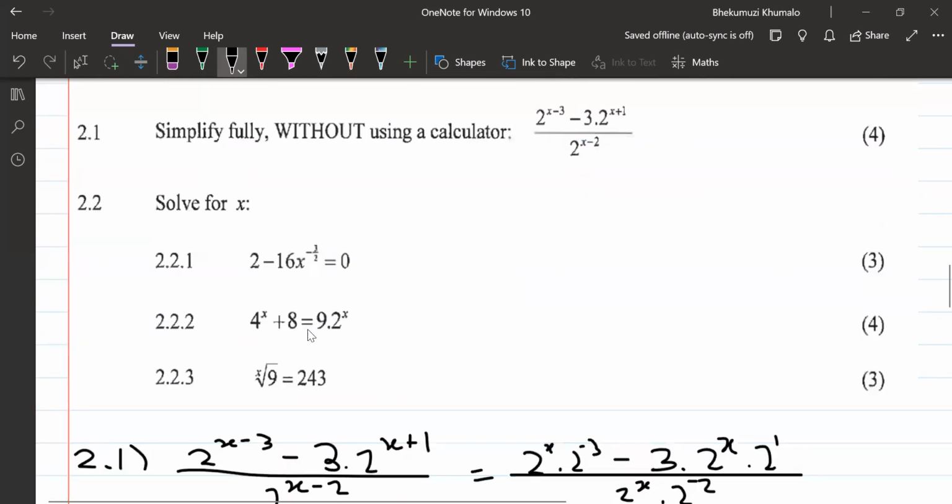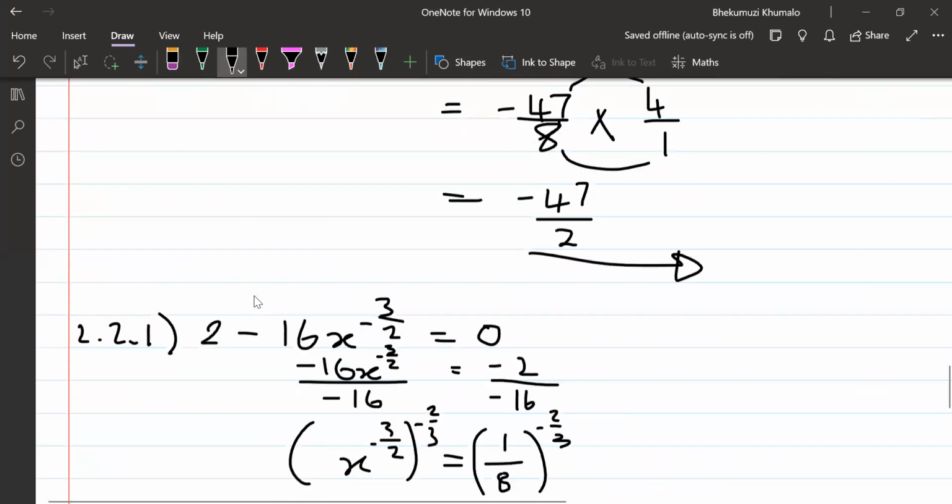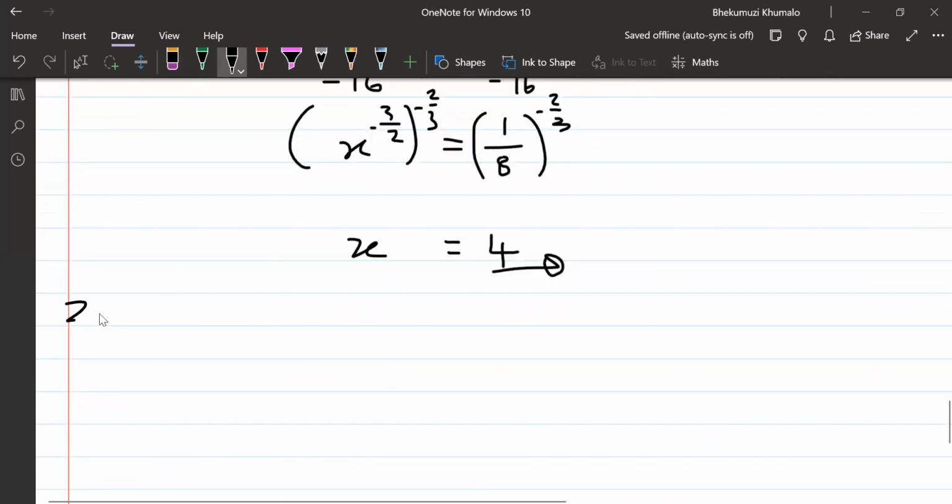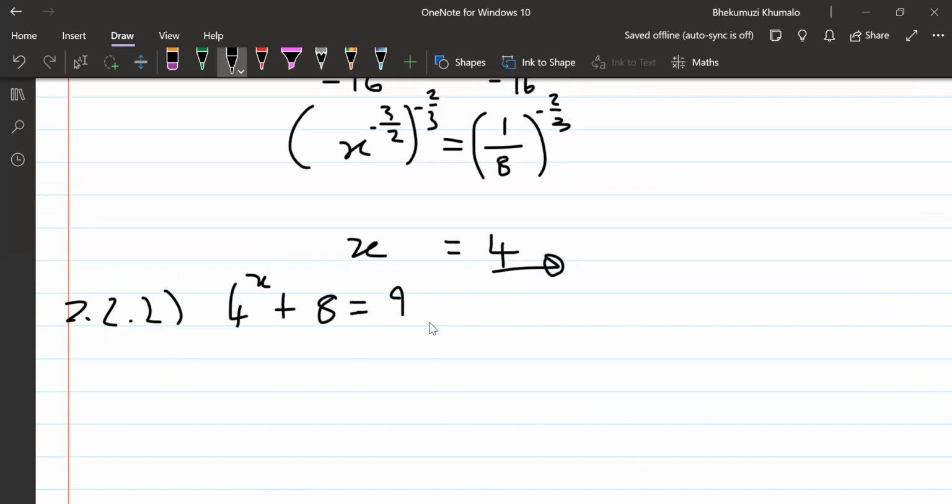Okay, the next one is 2.2.2. What do we have here? We have 4 to the power x plus 8, that is equal to 9 times 2 to the power x.